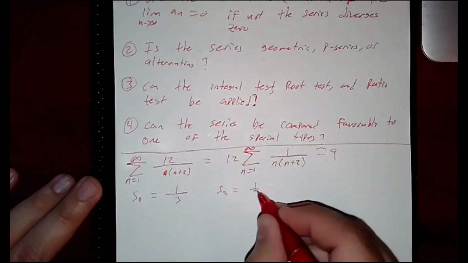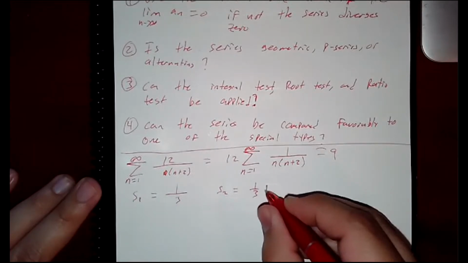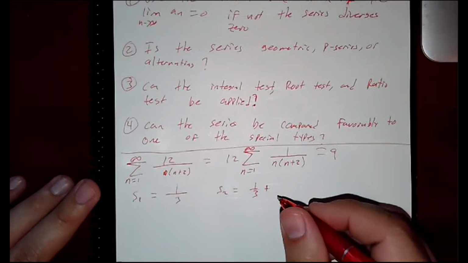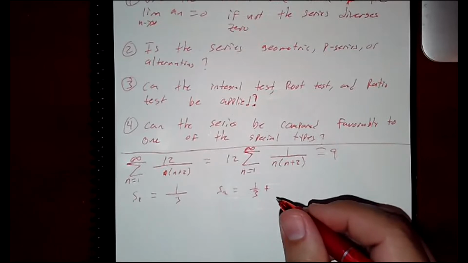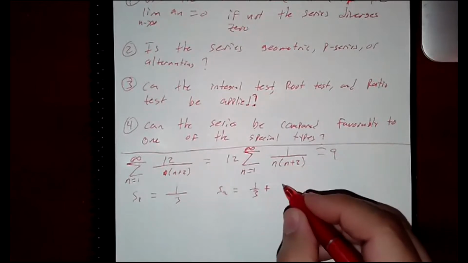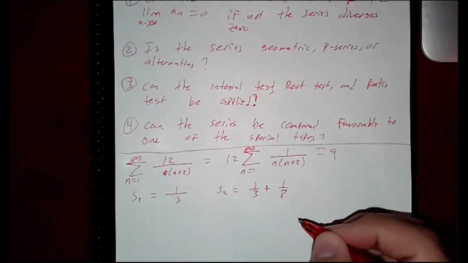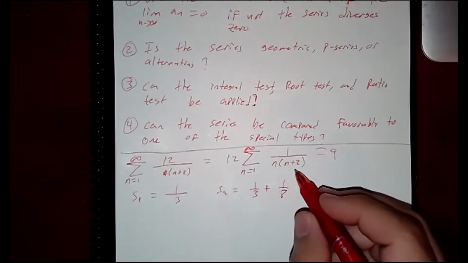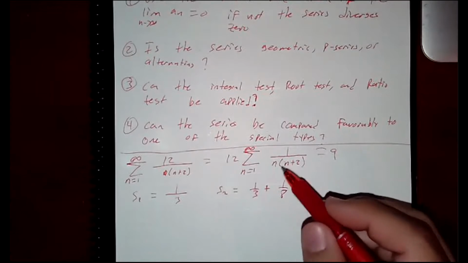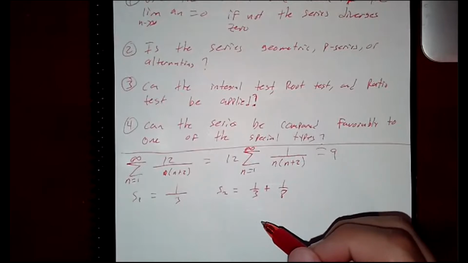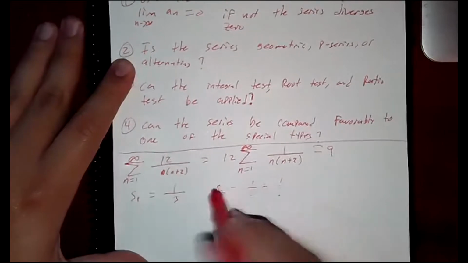S2 would be 1/3 plus, I don't think we can see the pattern that easily. Not without the partial fractions.